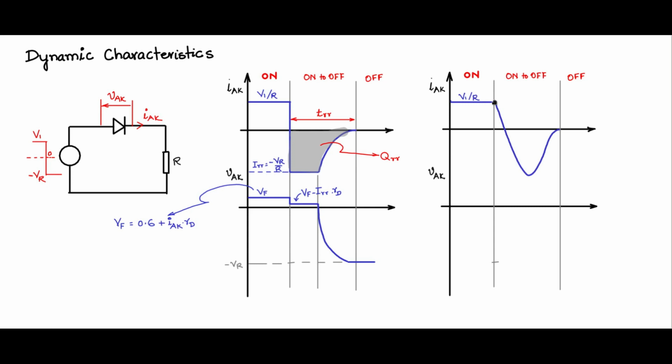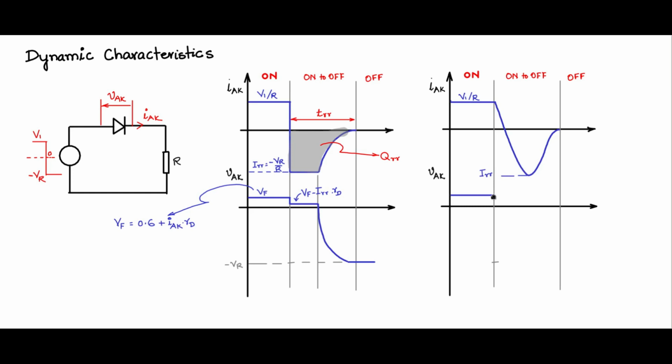From here on, this is not going to be an instantaneous drop. There is going to be a di by dt when there is a transition change in the input voltage from V1 to minus VR. So this is IRR, which is minus VR by RR, the maximum point in the reverse current.